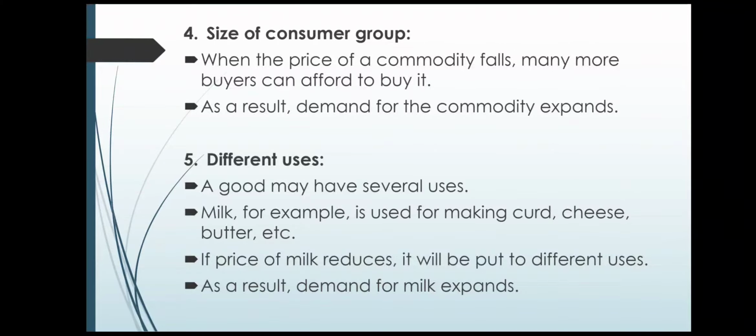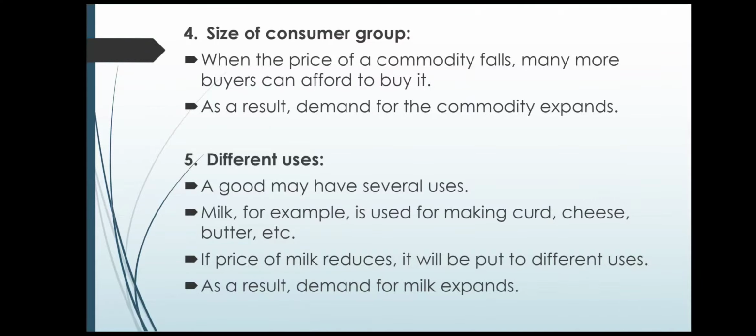So whenever the price of milk or any other product which can be used in several manner rises, people try to limit their use of that commodity. But when the price of that same product falls, people start consuming more and more of that commodity by using it in different manner.